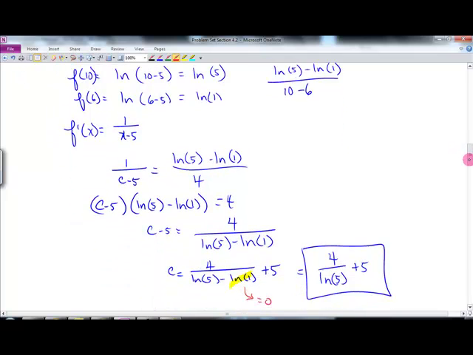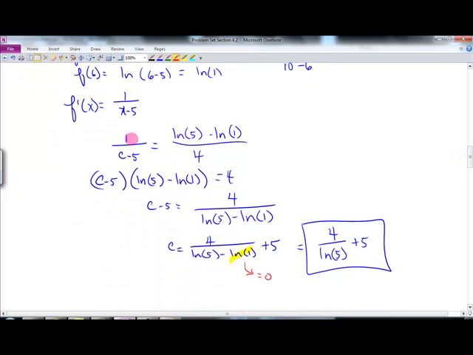So if I do that same cross multiplying, I've got 4 on one side, then I've got c minus 5 times ln 5 minus ln 1. Okay, then I'm solving for c, so I'll divide both sides by this. So that's getting divided on the other side.